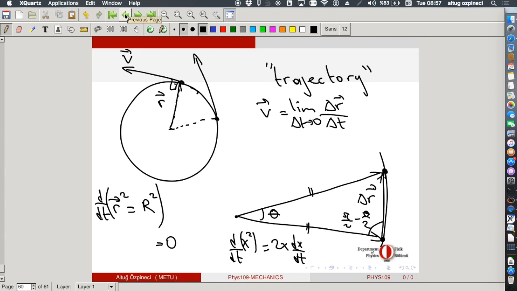That means the velocity along that axis should be 0, which is nothing but the component of velocity along the radial direction being 0. That's another argument to show that the velocity vector has to be perpendicular to this radius vector.